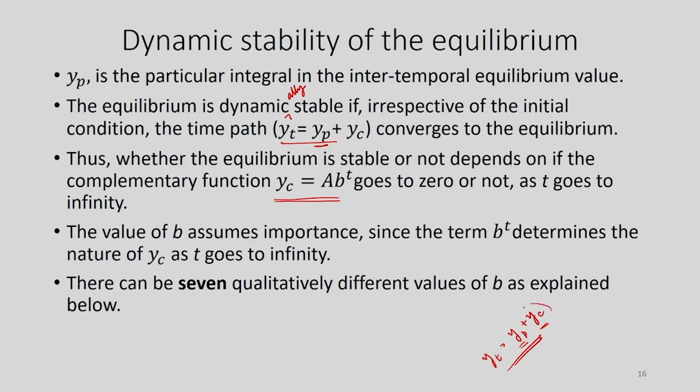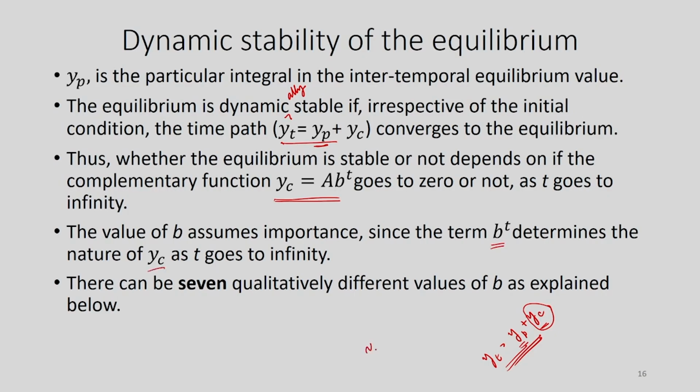So, if this part slowly gradually drops out, it dies down, then yt converges to yp, and in that case we are saying that the equilibrium is stable. Now, the value of b assumes importance in this context, since the term b to the power t determines the nature of yc as t goes to infinity.